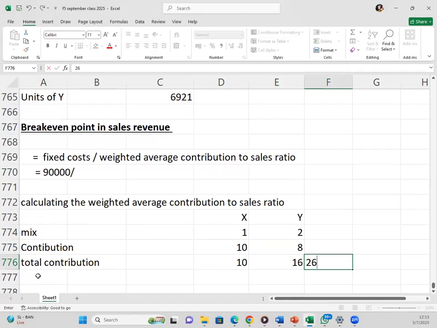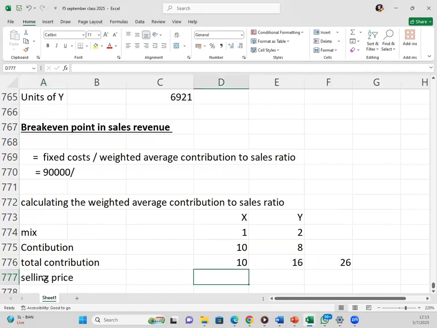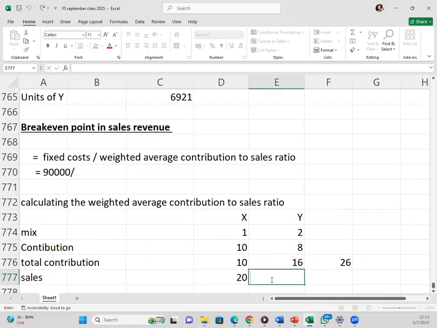We do the same for sales. You say the selling price per unit. So if you sell 1 unit, each unit was going for 20. Each unit was 20 times 1, or each unit this side it was 15.